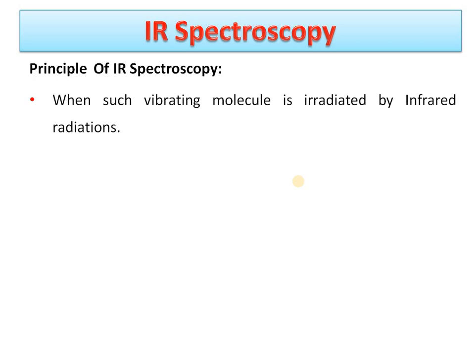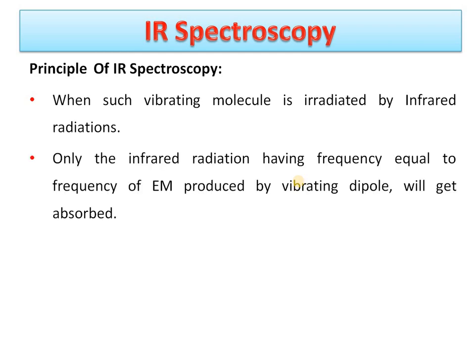When such a vibrating molecule is irradiated by infrared radiation, the infrared radiation having frequency equal to the frequency of the electromagnetic field produced by the vibrating dipole, then only the IR radiation will get absorbed by that vibrating molecule.